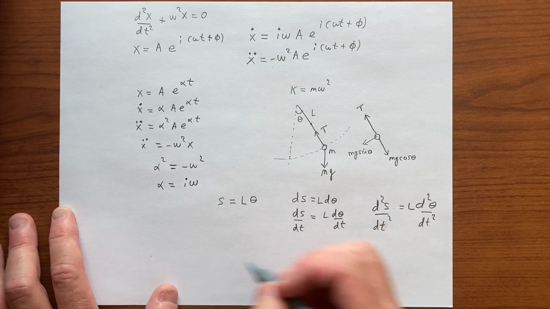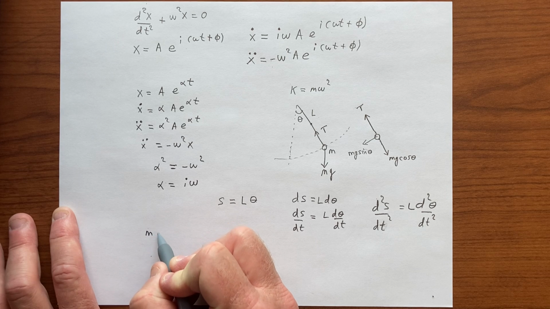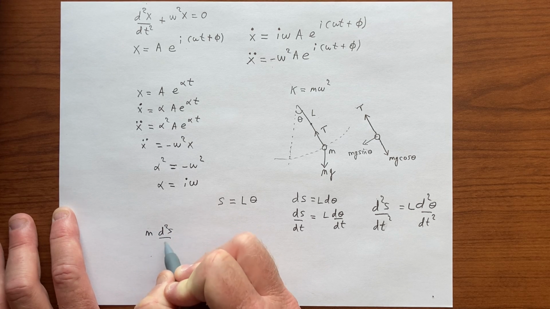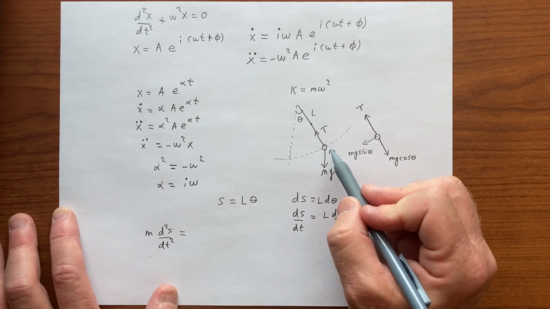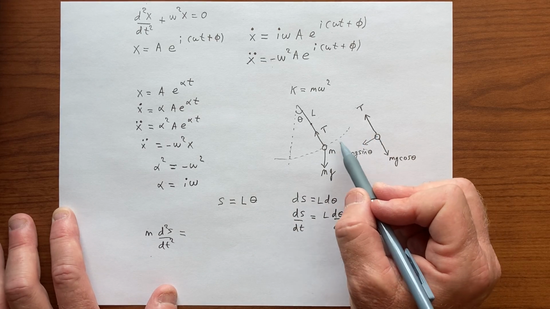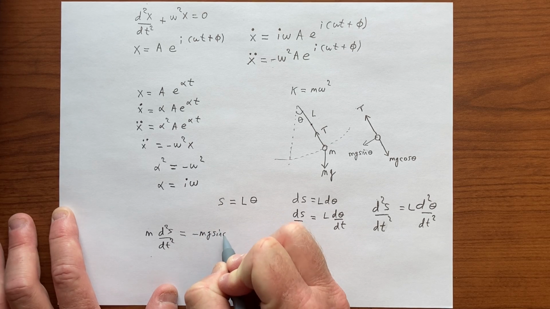And so ma equals F becomes m times the second derivative along the arc here. Ma equals, we're coming down, minus mg sine of theta.